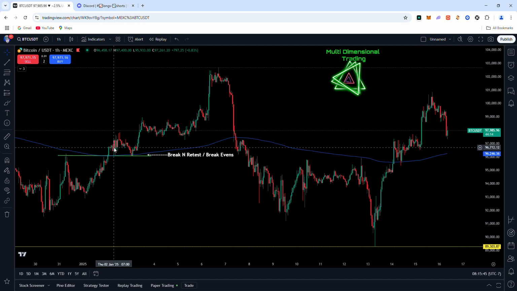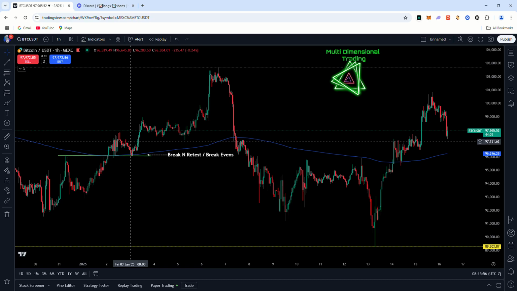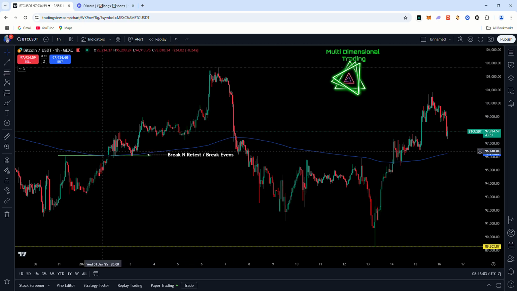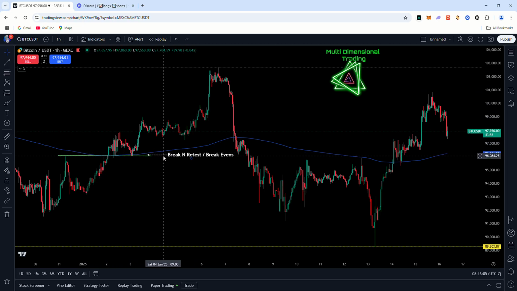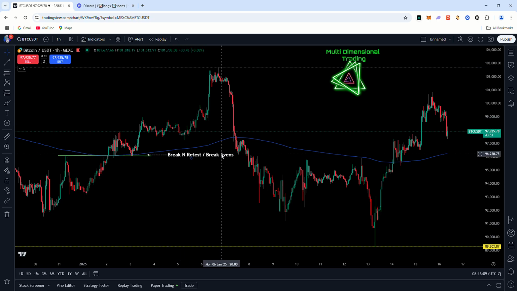So price broke up, and then it finally came back down, basically a break and retest of that level, and then it takes off. Then we got the double bottom, basically it broke up and then retested again, and then we took off. So this is a break and retest, or what I like to say, break evens.